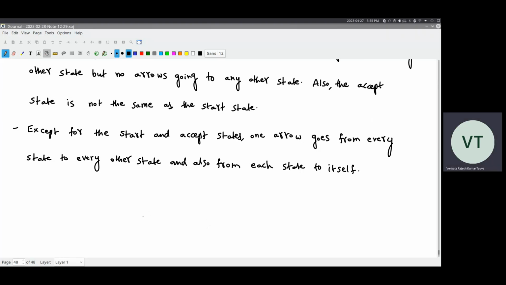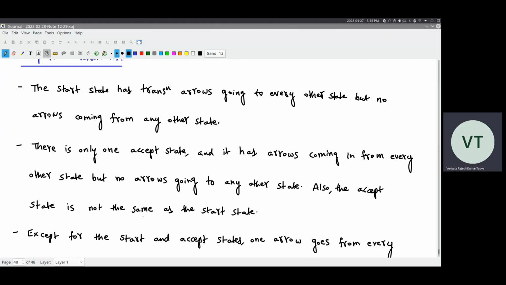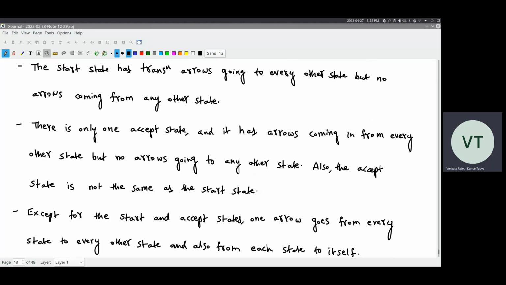Okay, so these three are the main conditions. Basically, there should be only one start state and one accept state, and the start state should have only outgoing arrows and no incoming arrows. The accept state should have only incoming arrows and no outgoing arrows, and all the intermediate states should have outgoing arrows to every other state, including itself.